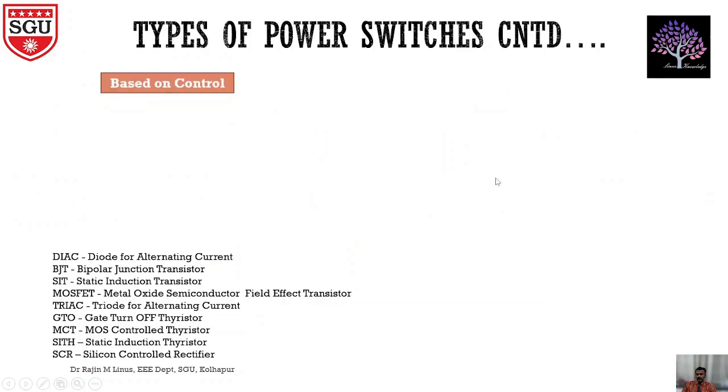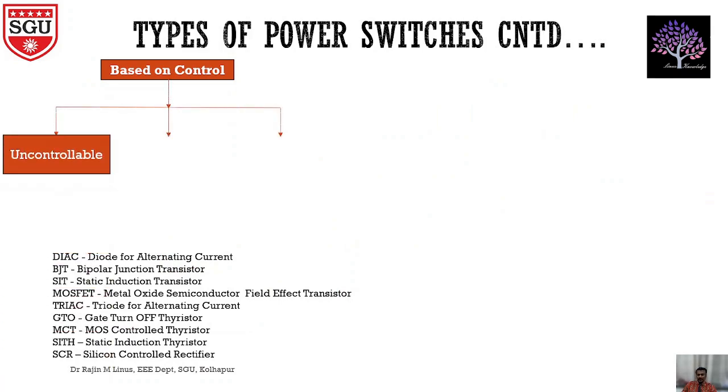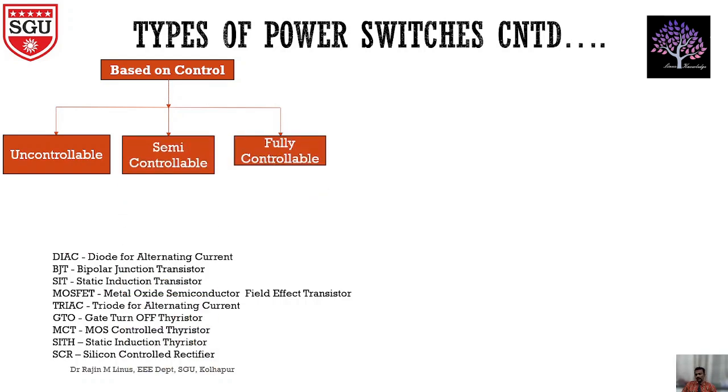Then let us see based on the control. The switches are classified into three types: uncontrollable, semi-controllable and fully controllable. Some switches we cannot control, that's why they are called uncontrollable. Some switches we can control, that means we can switch on and switch off. Switch on will be in our hand, but switch off will not be in our hand. Whenever there is a DC supply, we cannot switch off the particular switches.